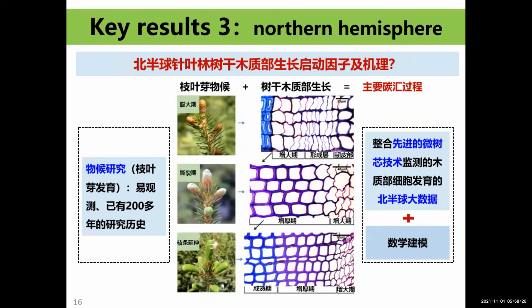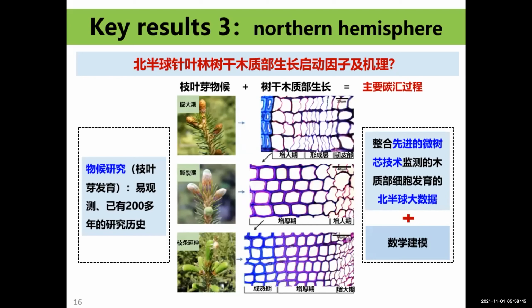Since 2004, a new technique called Trephor was invented by Serge Rossi and Annie Deslauriers from UQAC, which made this field progress a lot.